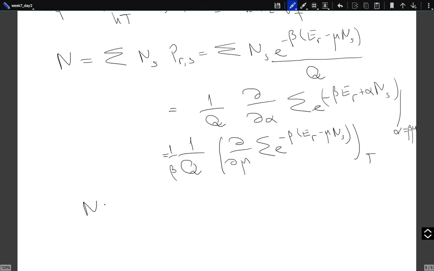So N is 1 over beta times the derivative with respect to mu of this Q function at constant temperature and volume. Well, the volume dependence comes from the fact that ER is not changing. The volume dependence is only through the possible values of ER. Since when I'm taking the derivative with respect to mu, I'm just ignoring any changes in R, that derivative is at constant volume.